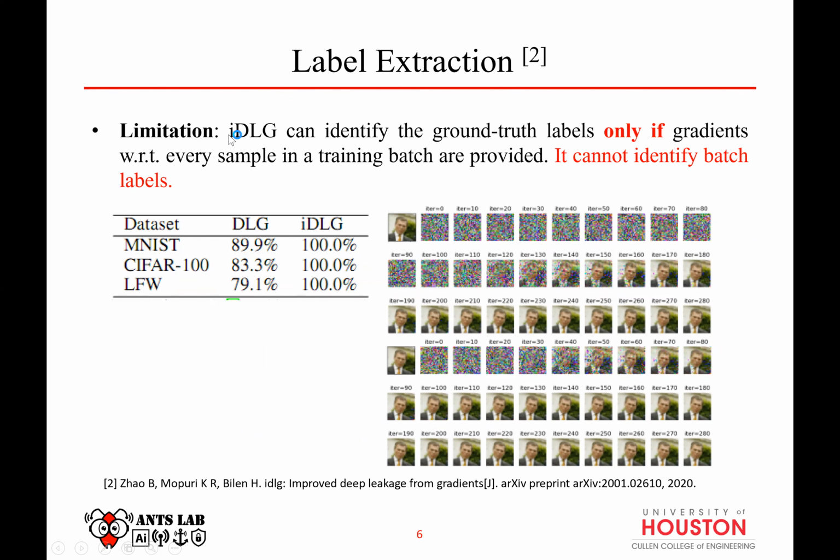But the limitation is this method can identify the labels only if the gradients with respect to every sample in the training batch are provided. It cannot identify the batch labels. And we can see this method can converge faster in the attack compared to the first method.